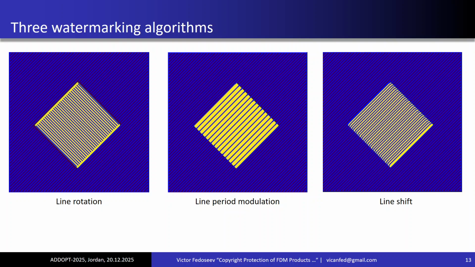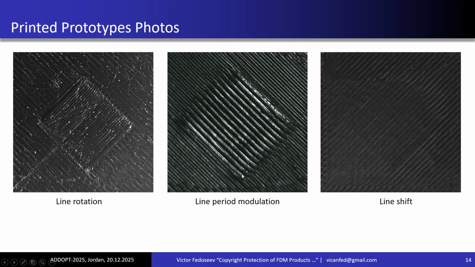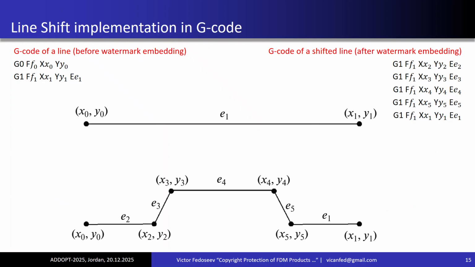It's clear how to produce G-code in the left and center images, and here you can see the G-code change when we implement line shift, which is the third option.